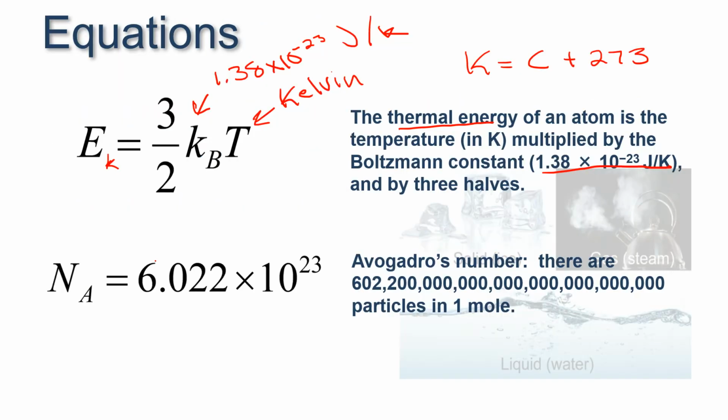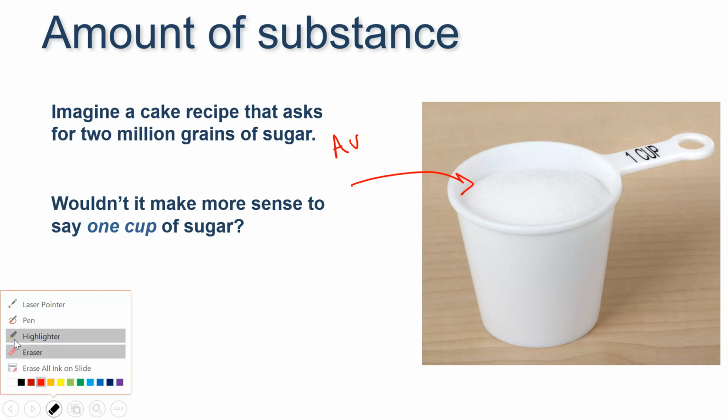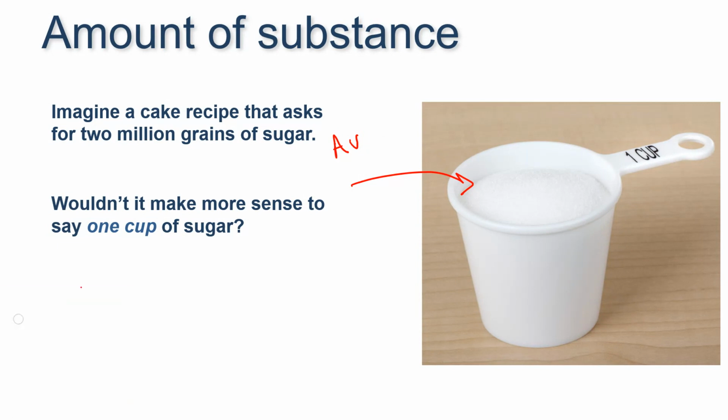I already misspelled the word. Okay? So we would say 1 mole of a substance as opposed to 6.022 times 10 to the 23 atoms.